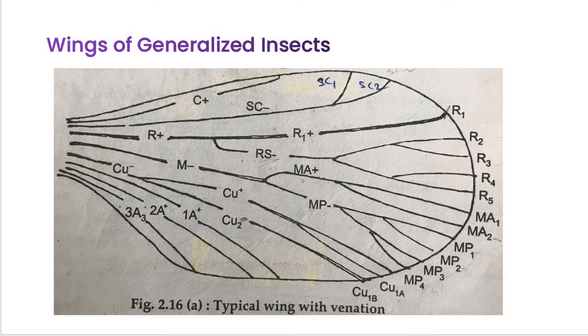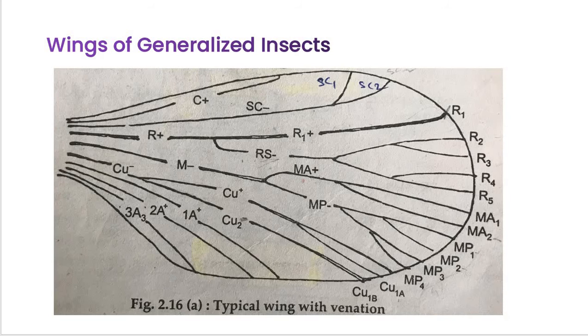It is a concave vein, and it starts from the distal end of the first axillary sclerite at the wing base. In the absence of the costa, the subcosta represents the first vein of the wing.